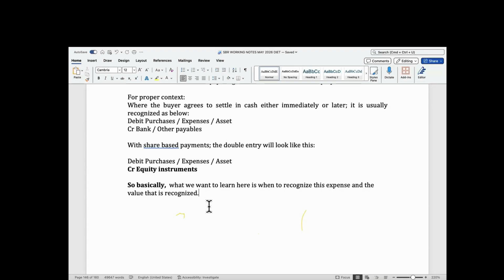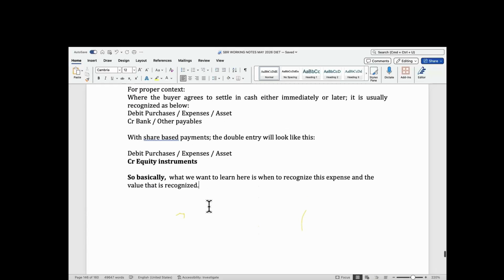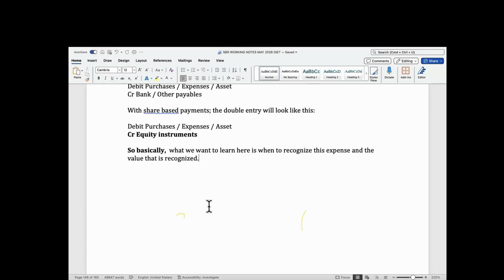That is where it is common, and that is where your exams will come from. The other ones are quite straightforward. We are going to look at all of that within the next 1 hour. We'll explain everything to you in very plain terms. Okay, now, first thing I need to mention is the types of share-based payments that we have.